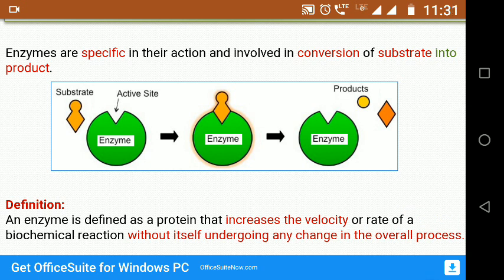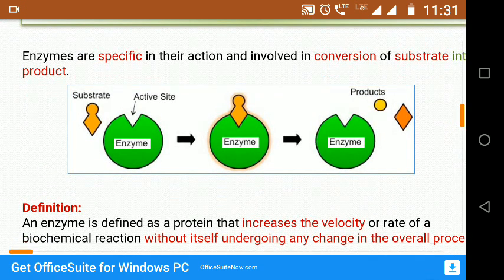Then the reaction takes place and the product is formed. This will happen hundreds or thousands of times. In this way the enzyme acts as a catalyst. This is the basic mechanism of enzymatic action.